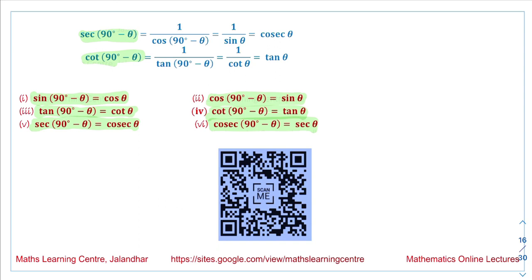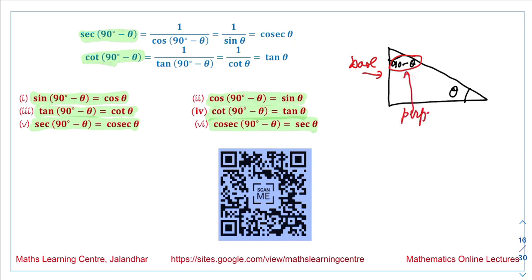So I am again explaining what is happening over here. This angle is theta, this angle is 90 minus theta. For the angle 90 minus theta, this is the base and this is the perpendicular. For the angle theta, this is the base and this is the perpendicular. So perpendicular and base are interchanged.